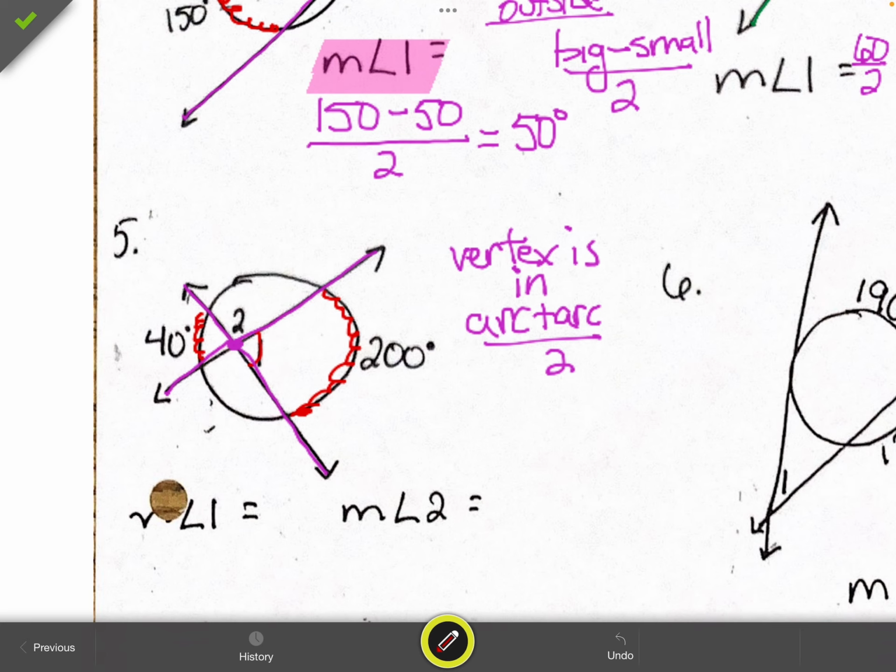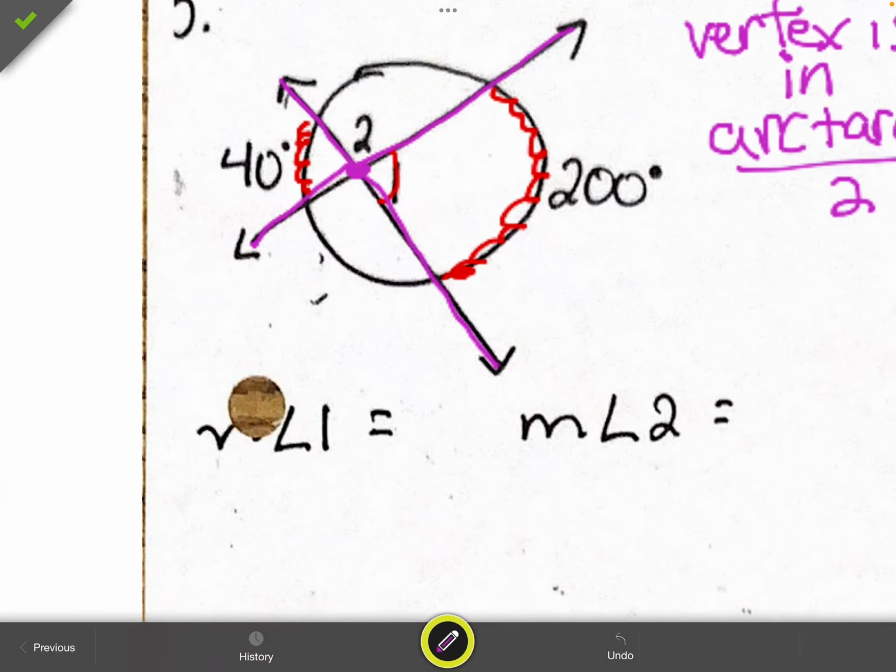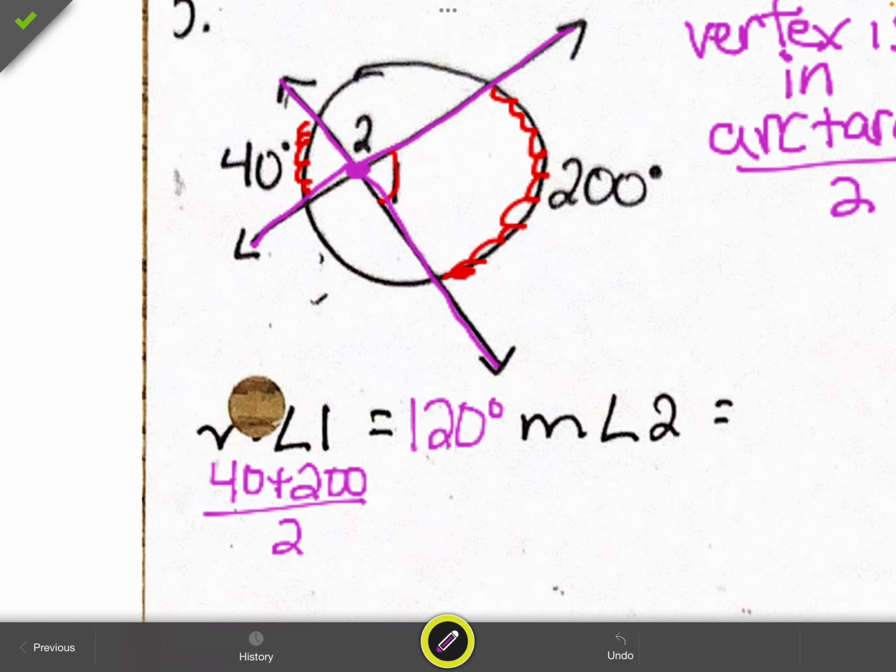So if my formula is arc plus arc divided by 2, then I say 40 plus 200. You could also say 200 plus 40 divided by 2. Do the math, and I find that angle 1 is 120. Okay, so this angle right here measures 120 degrees.